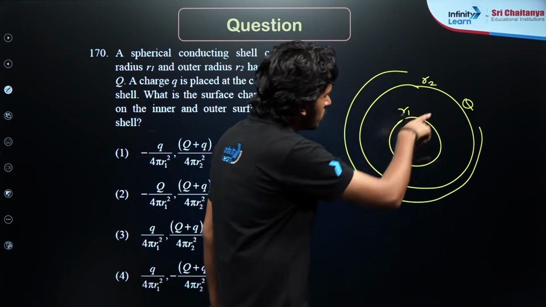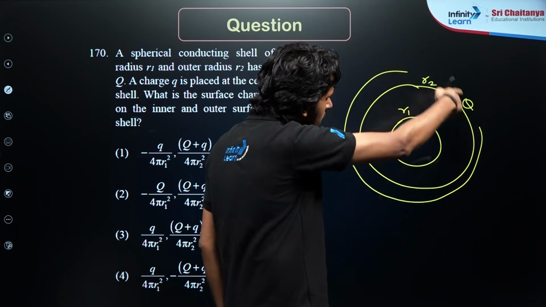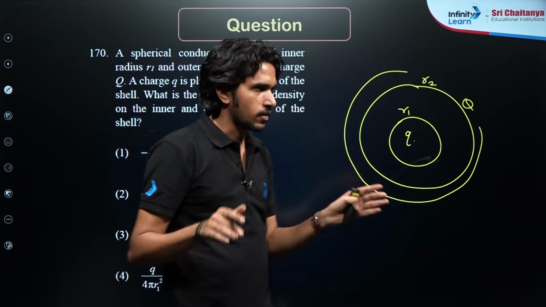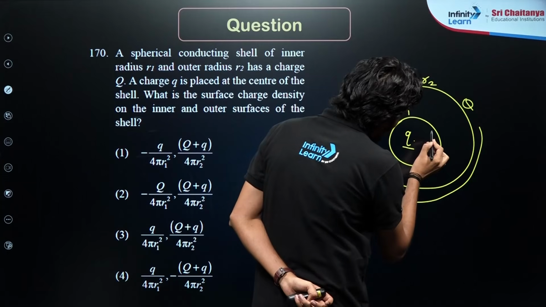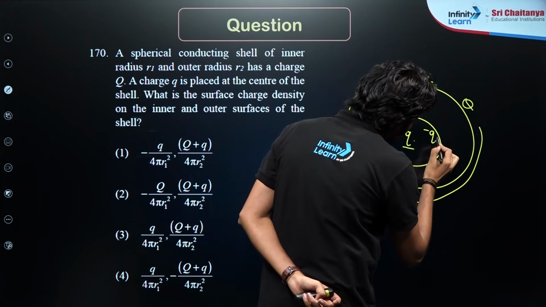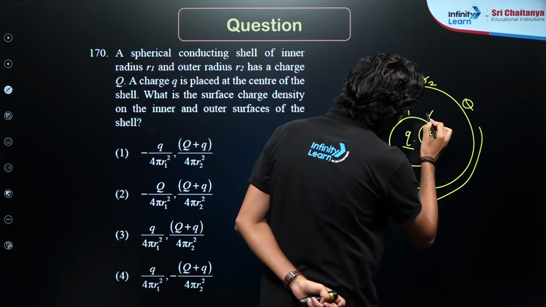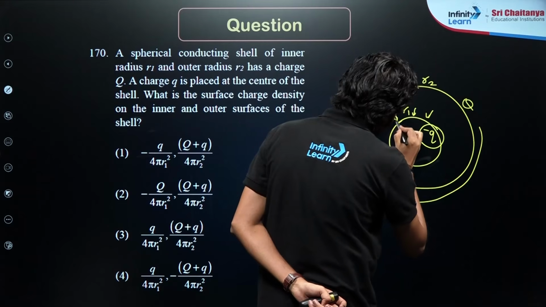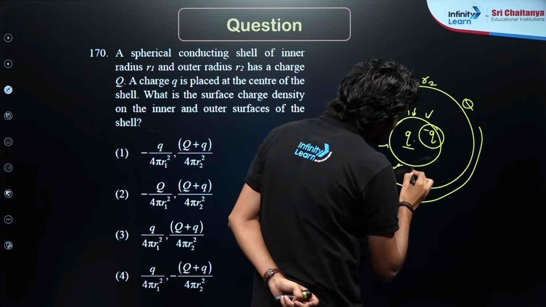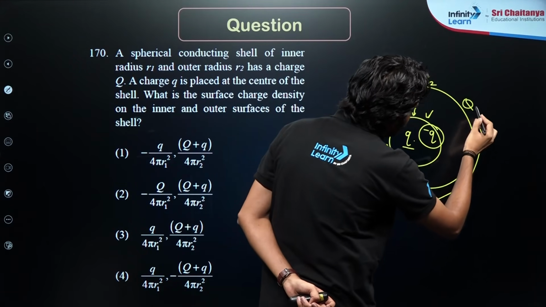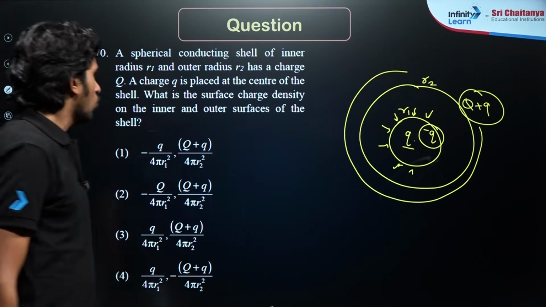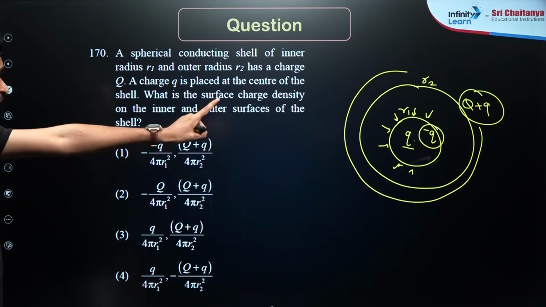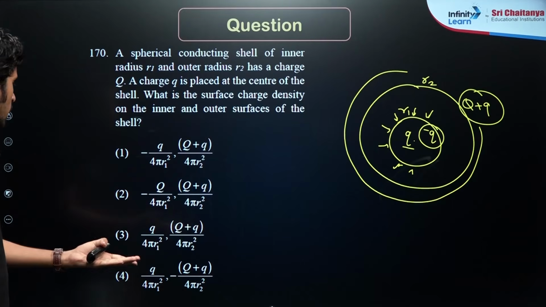So charge distribution will be equal on the surface. Now due to this q, minus q charge will be attracted on the inner surface, and to maintain neutrality, positive q charge goes there. Now what do we want? We want the charge density, meaning charge upon area.